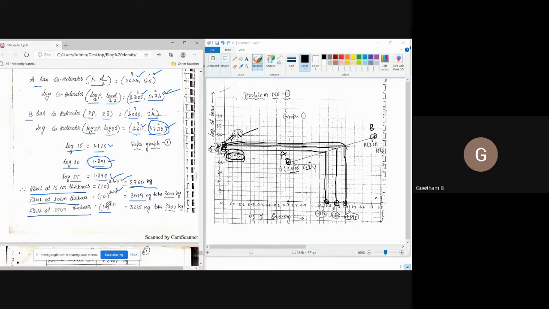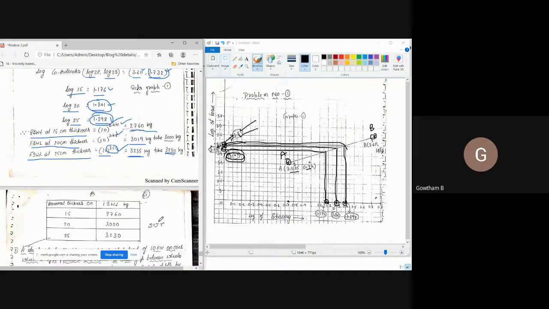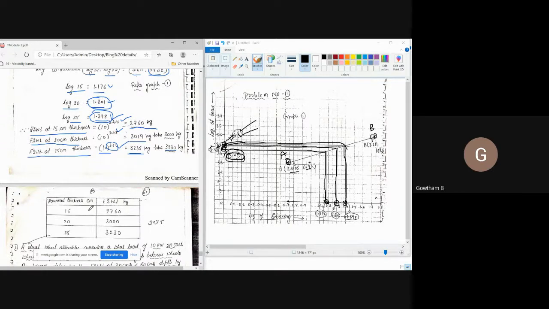Where did we get this 3.51? This is the value we obtained at 1.398. So 10 to the power of 3.51 is equal to how much? 3235 kg. I just rounded it to 3230 kg. The same I have indicated in this table.